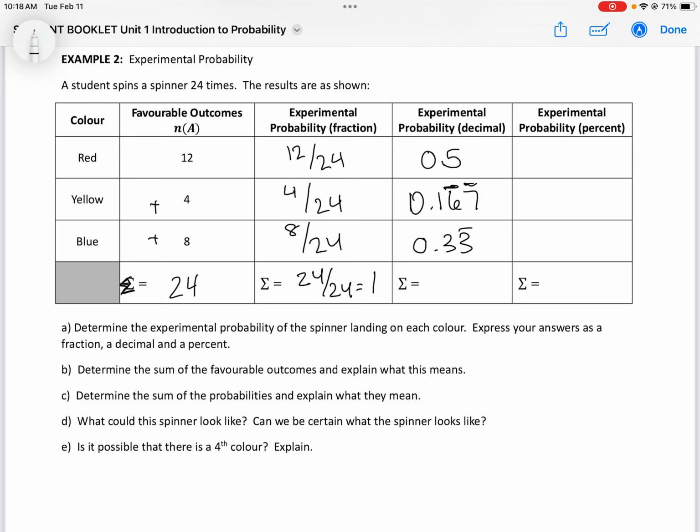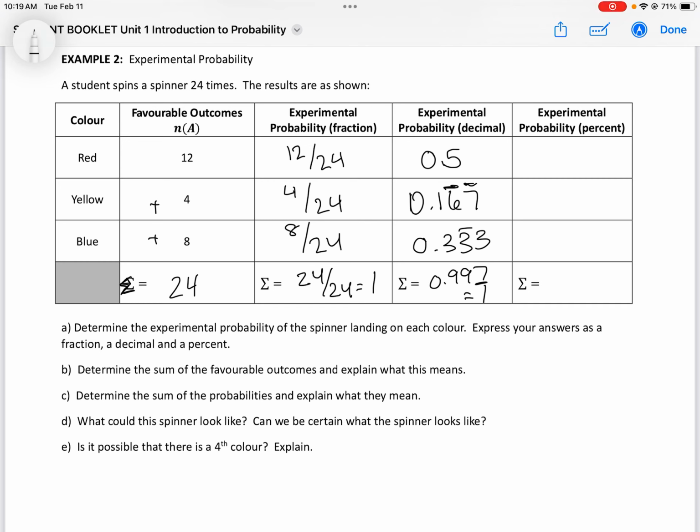If we were to add these up, okay, we do get 0.997. This is going to be a rounding error. Maybe if I put one more here, it's going to equal 1. It's okay if this is off by 0.1%.